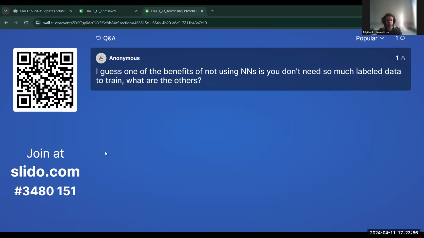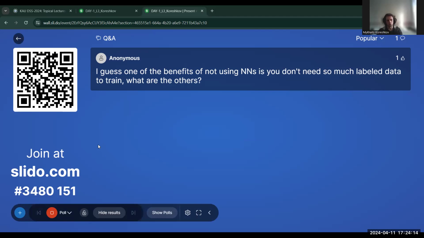So we don't have any latent layer, latent space, and we don't need to train our descriptor. We just apply a pre-made descriptor. On the other hand, this descriptor cannot be tuned to our data.